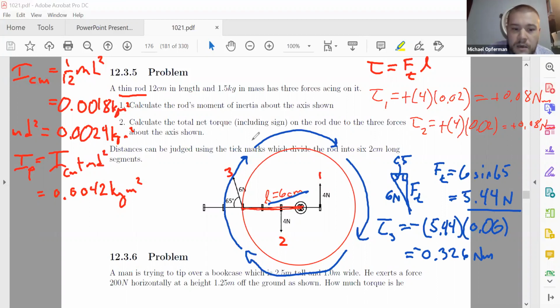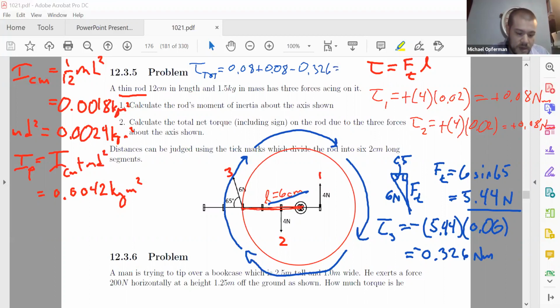So then finally, I want the total net torque on the object. That's simply going to be the sum of the 3 individual torques. So the total net torque, I'm kind of out of space here. Let me do it up at the top. The total net torque is going to be 0.08 plus another 0.08 minus 0.326.